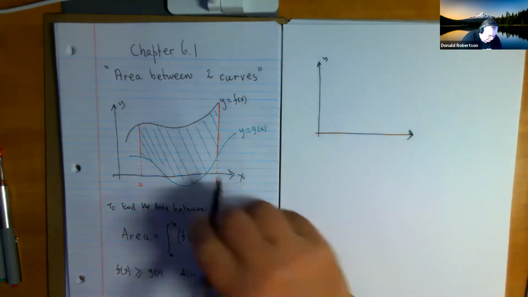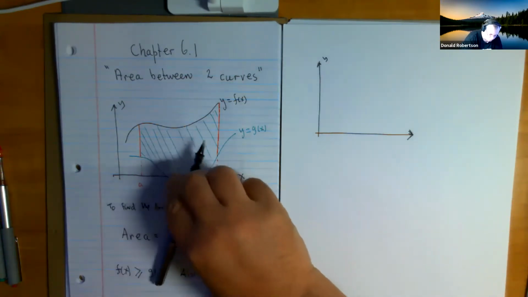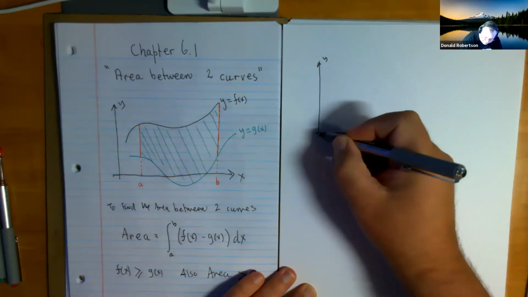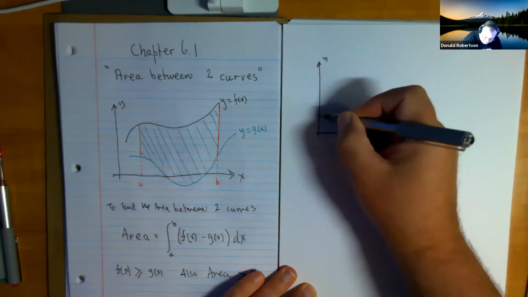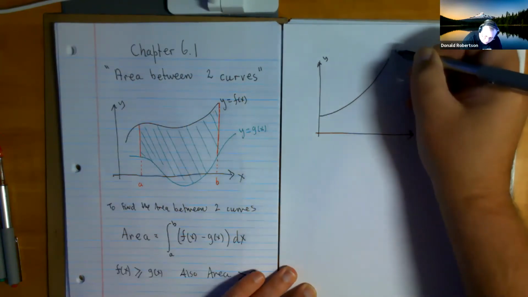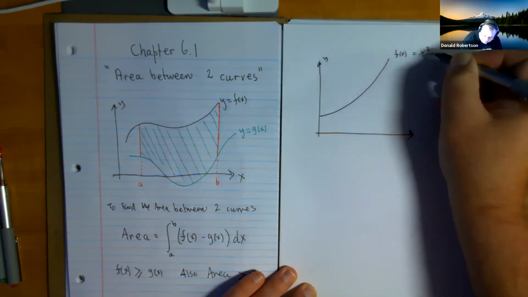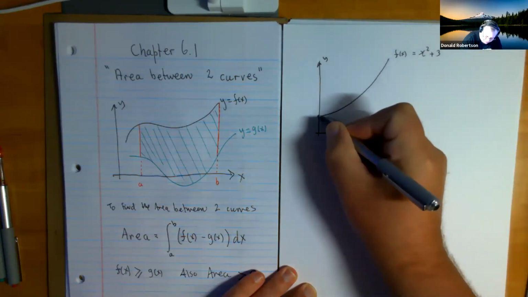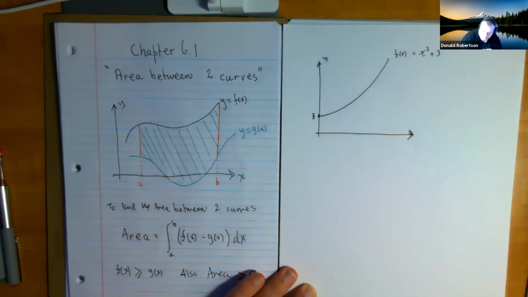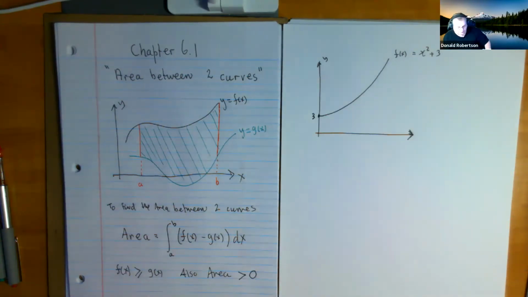Suppose I have a function. Call this guy f of x, and it's x squared plus 3, so I guess I could put that in.